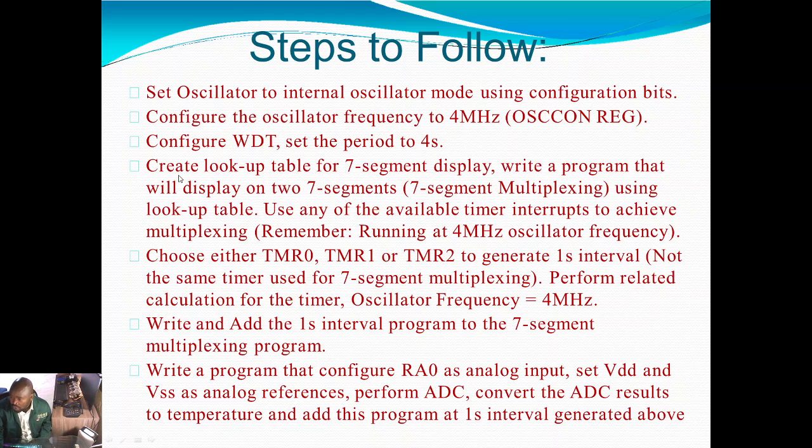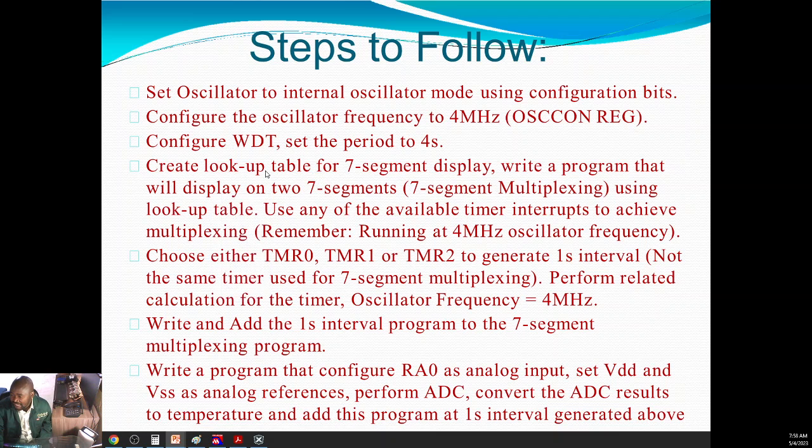I need to show you how we add this program together bit by bit. Now we're going to need a lookup table. Of course, we're going to create a lookup table, but we're going to need a flow chart to show how we are going to implement this program, right?